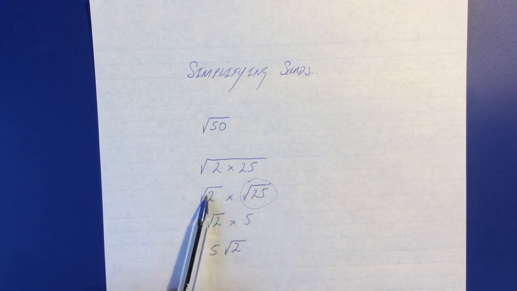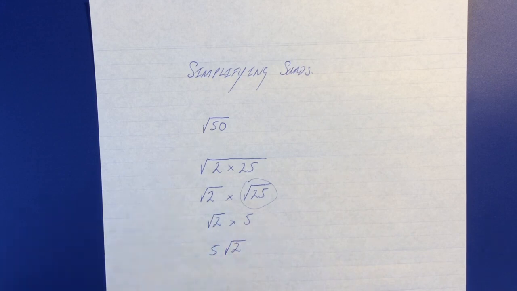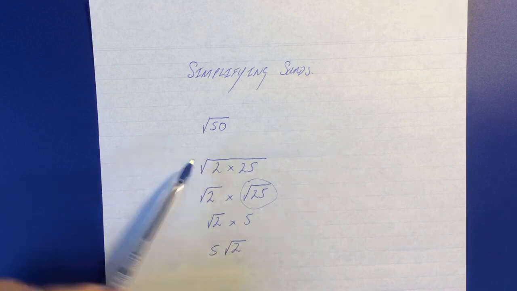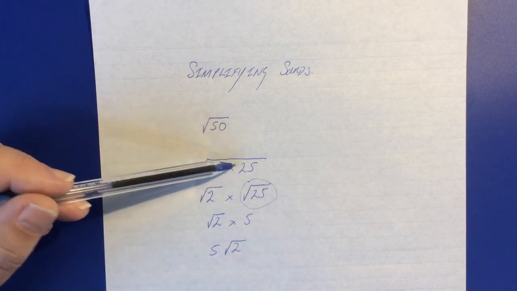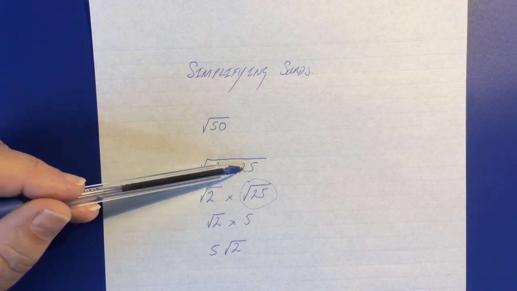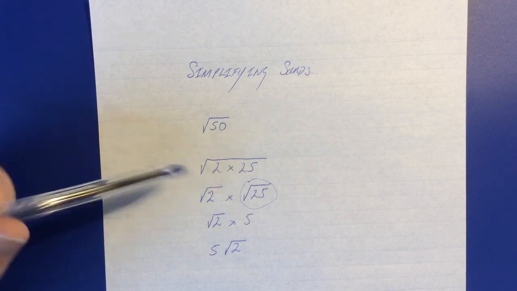So we wind up with the square root of 2, which is some horrible number and is a genuine surd, times the square root of 25, which is 5. So we can rewrite this as 5 root 2, which means 5 times the square root of 2. And just to recap how we got it, we split 50 up into 2 and 25, 2 times 25.